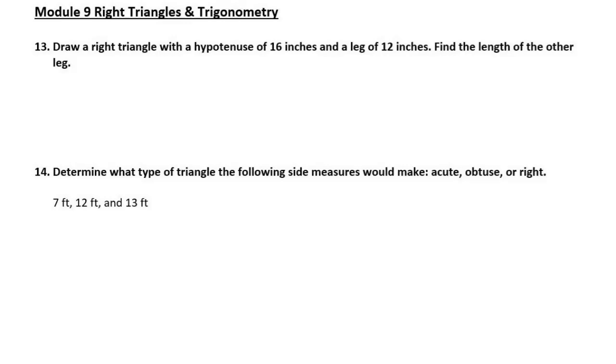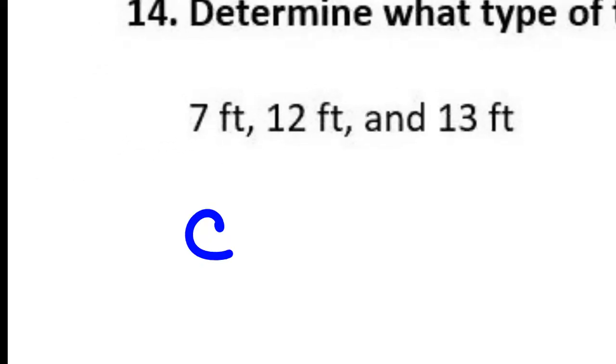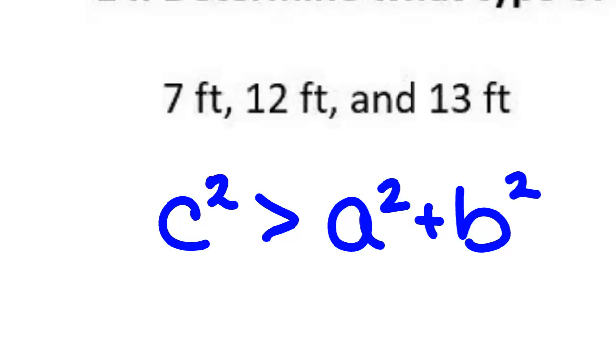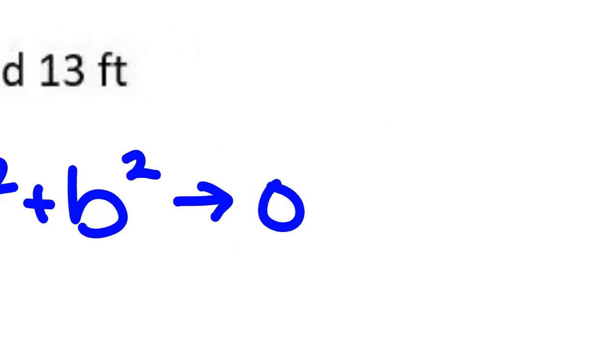Problem number 14, determine what type of triangle the following side measures would make: acute, obtuse, or right. So when we were talking about this section, if c squared is greater than a squared plus b squared, then it is an obtuse triangle.